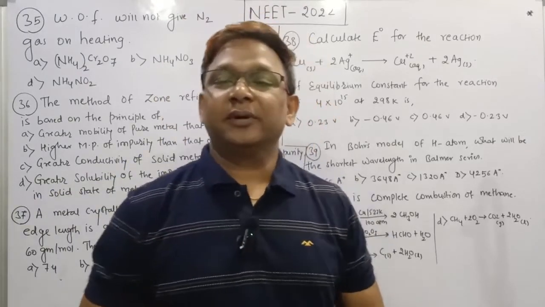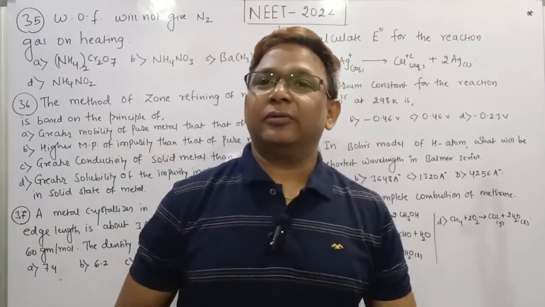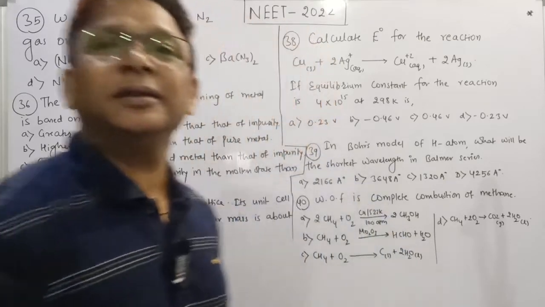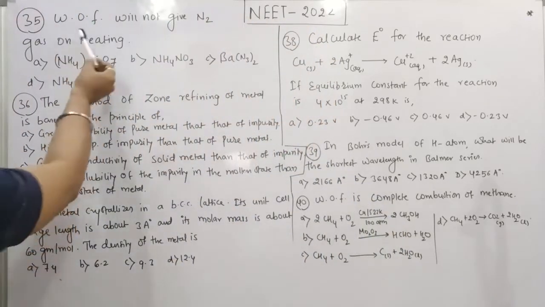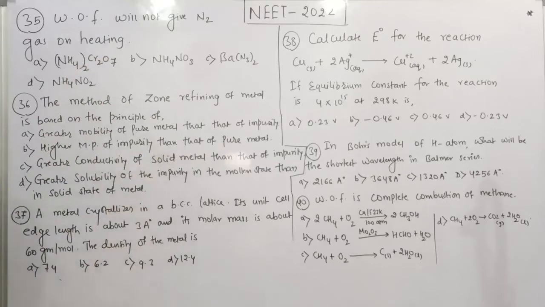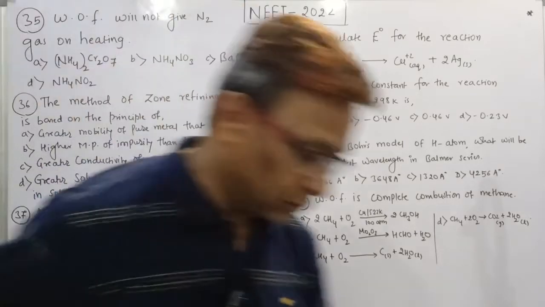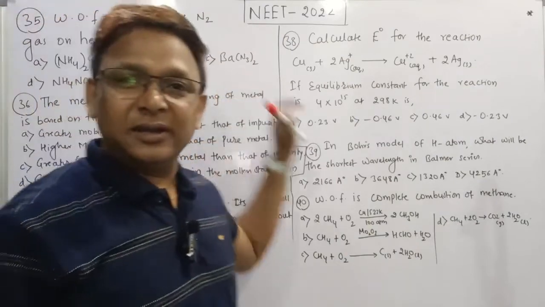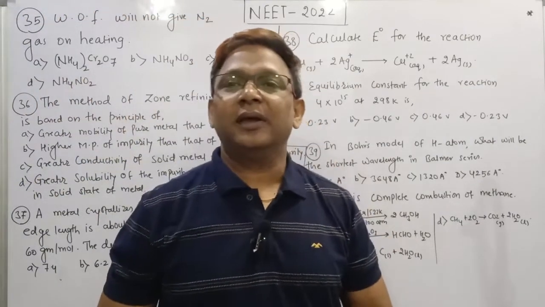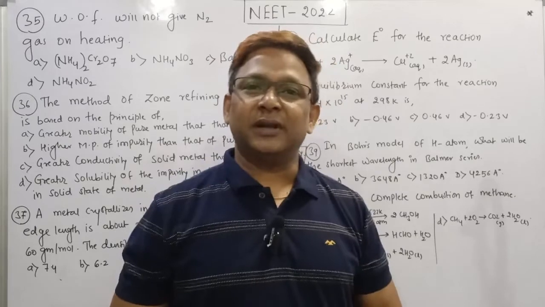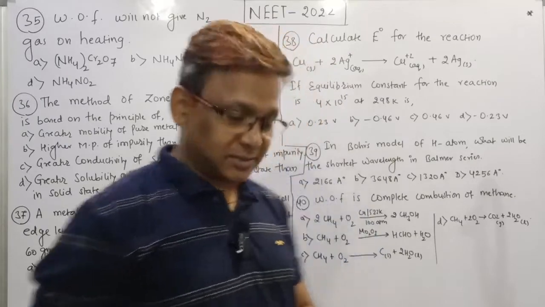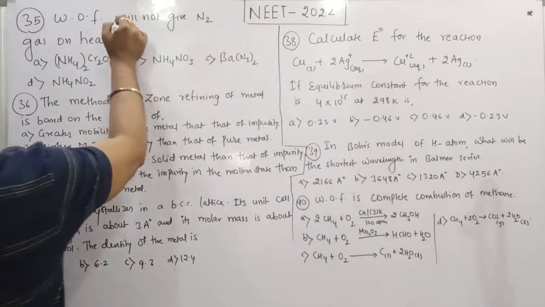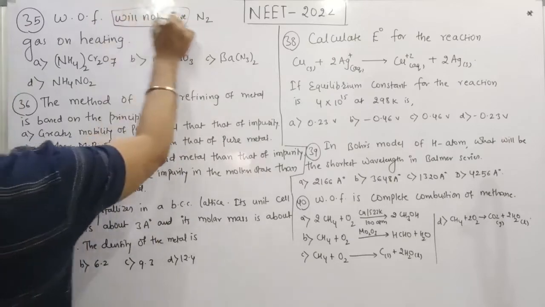Hello, beta. Now, the remaining questions are there that we are going to discuss here. You can see here: which of the following will not give N2 gas on heating? As we know, barium azide and sodium azide are given in our NCERT statement. Barium azide and sodium azide on heating give rise to pure N2 gas, but they are asking which cannot give N2 gas on heating.